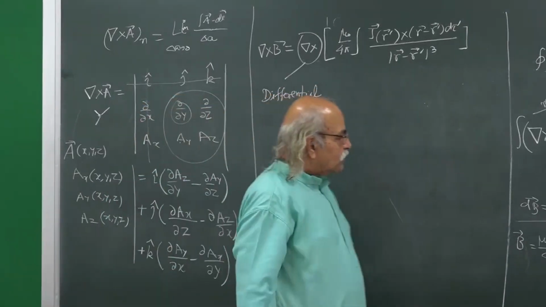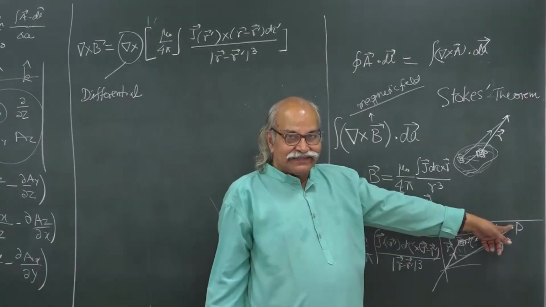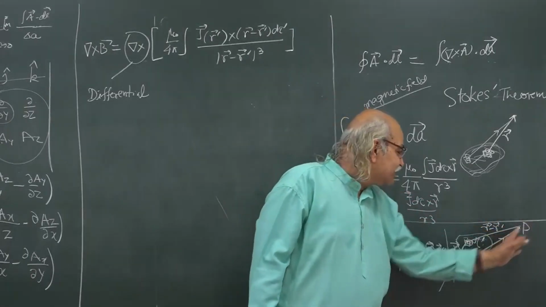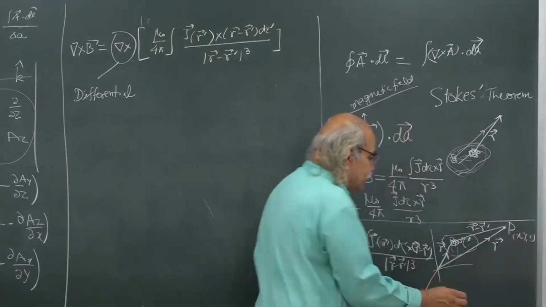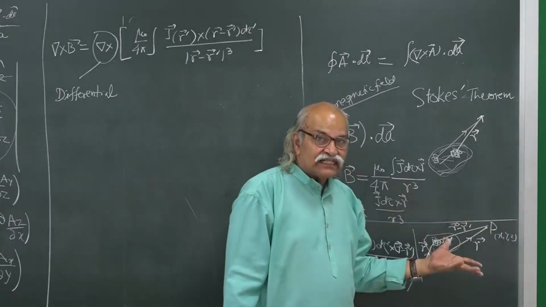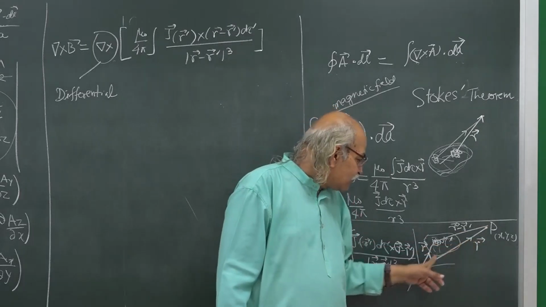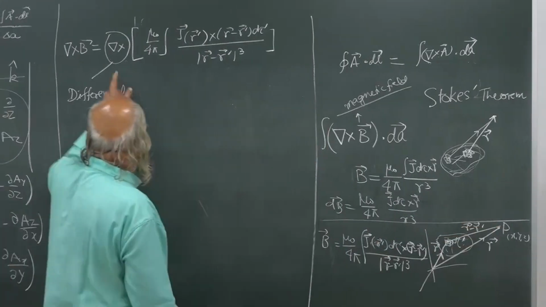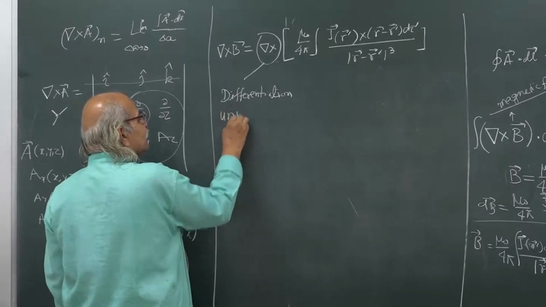I say that, all right, at this point this is Ax, this is Ay, this is Az, in our case now magnetic field, and then if x changes a little bit, so this is your x, y, z. If x changes a little bit, that means this point is shifting. If y changes by del y, this point is changing, so this r vector itself is changing. So, for differentiation, remember, the unprimed quantities are changing.